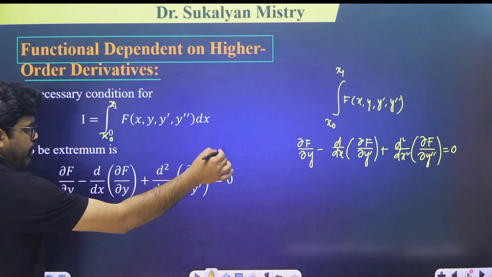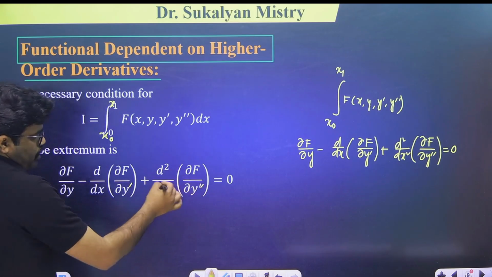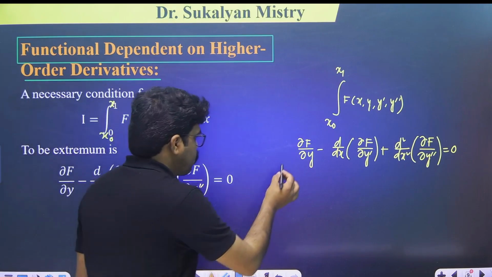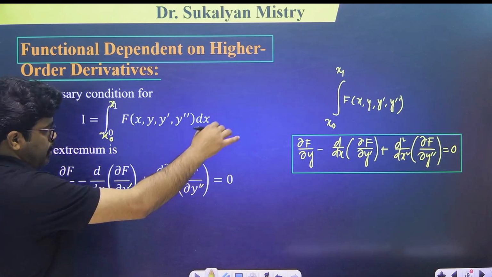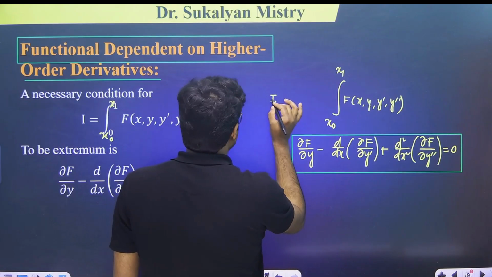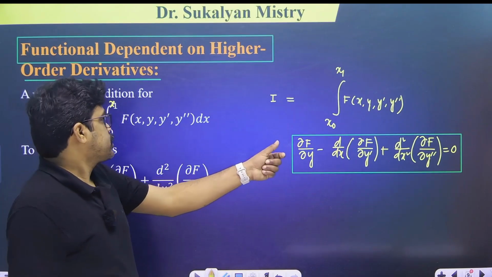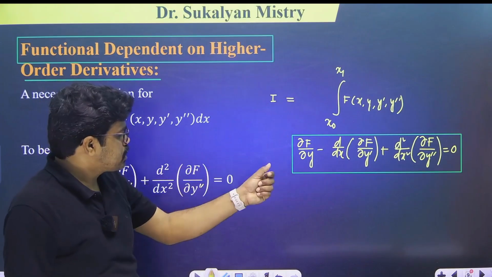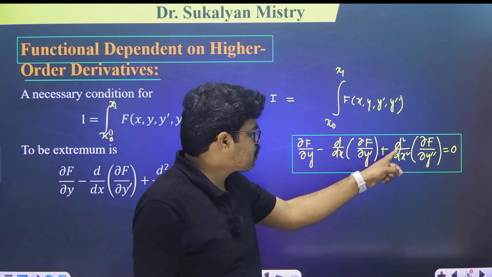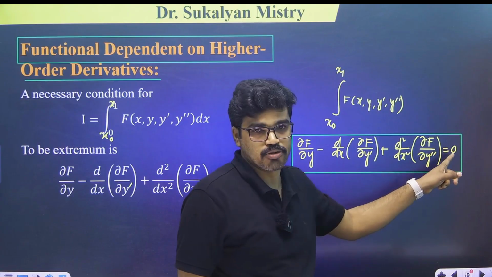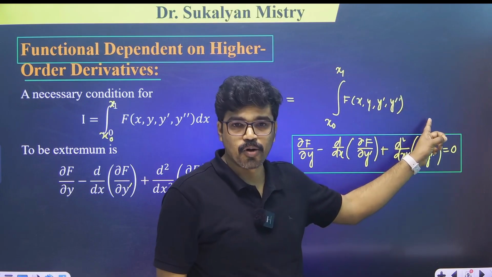Okay, del f del y minus d dx of del f del y dash plus d2 dx2 of del f del y double dash. Note this. The necessary condition for the functional to be extremum is that del f del y minus d dx of del f del y dash plus d2 dx2 of del f del y double dash is equal to 0. Suppose f is a function of x, y, y dash, y double dash.